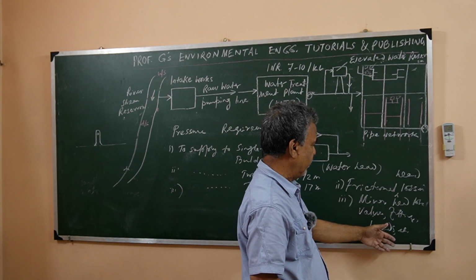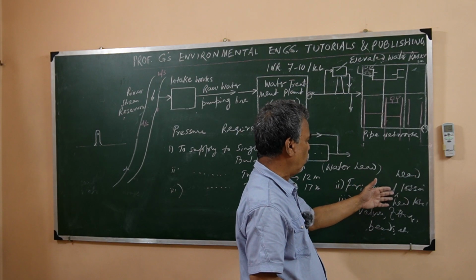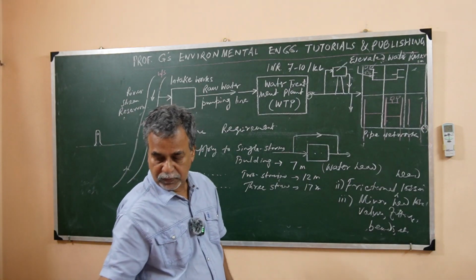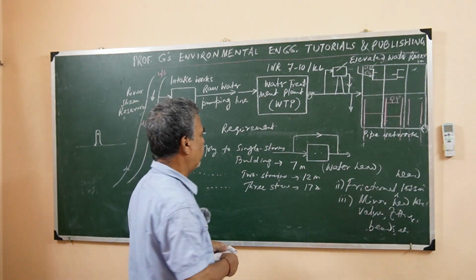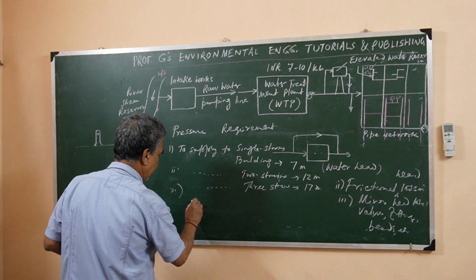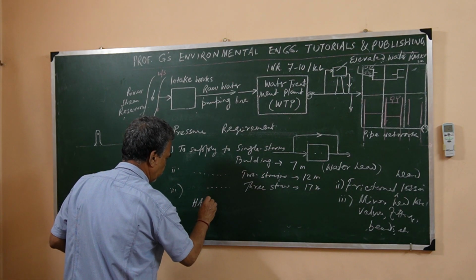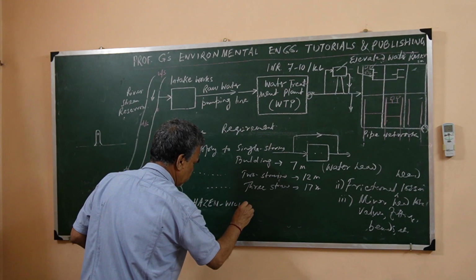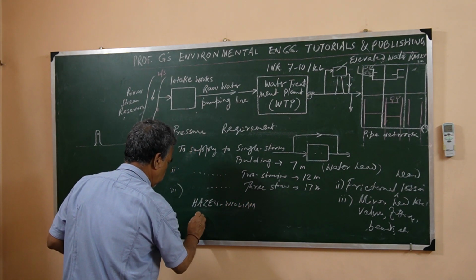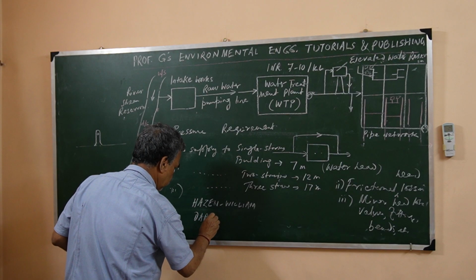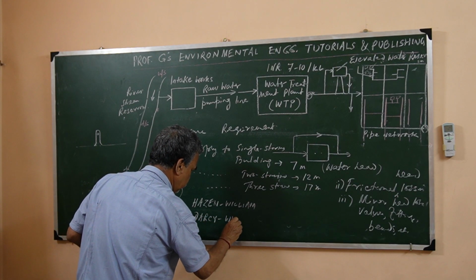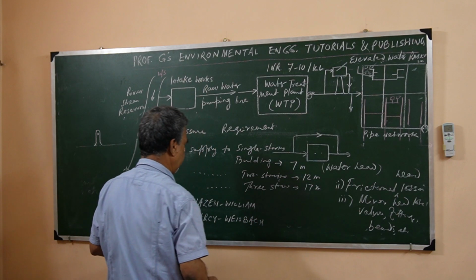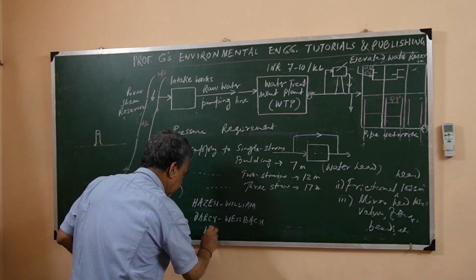Minor losses to be added, separately calculated. Friction losses to be calculated. And here, normally, the Hazen-Williams and Darcy-Weisbach we use. That is the Hazen-Williams equation or Darcy-Weisbach equation, and sometimes also Manning's.